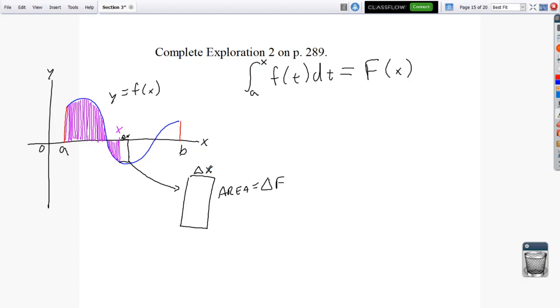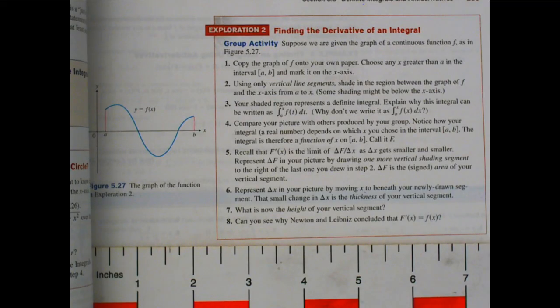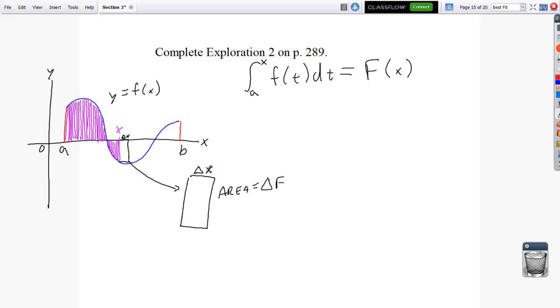Next thing I have to look at is step number 7. What's the height of your vertical segment? The height is just represented by the function, which is f of x. So down here, this rectangle is equal to f of x. Now let's look over here. The area of this rectangle is delta F, because it's the amount of area added on here.